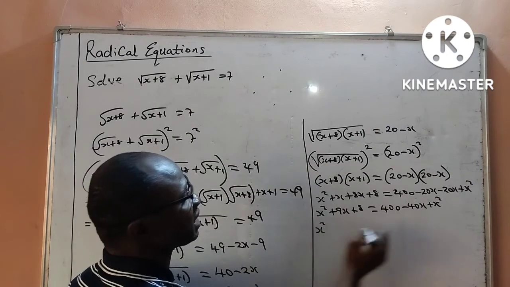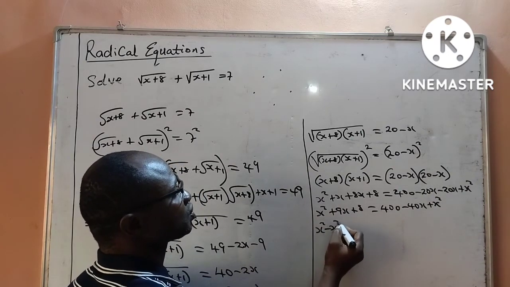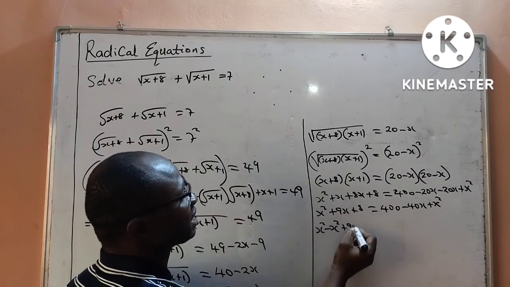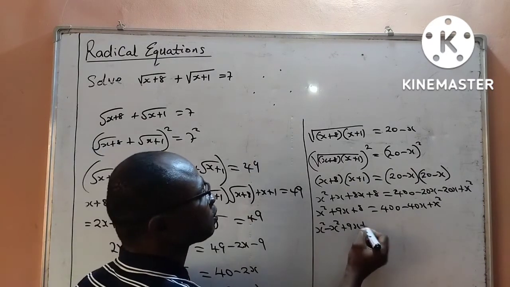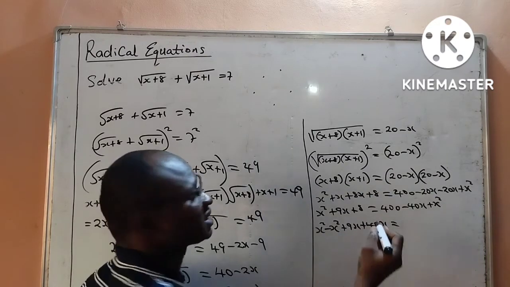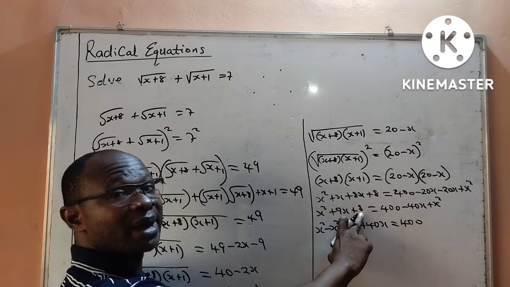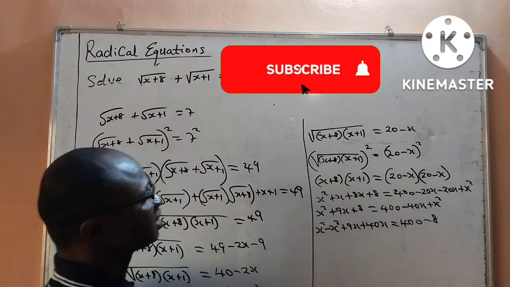Now I have x squared. Moving this x squared from the right to the left, it becomes negative x squared. So here I have also plus 9x. Moving this 40x from the right to the left, it becomes plus 40x. Now left at the right hand side is 400. Meanwhile, this 8 on the left, I can now take it to the right to become minus 8.